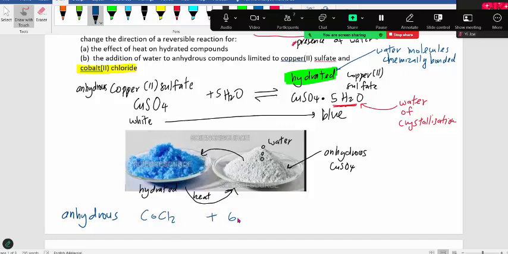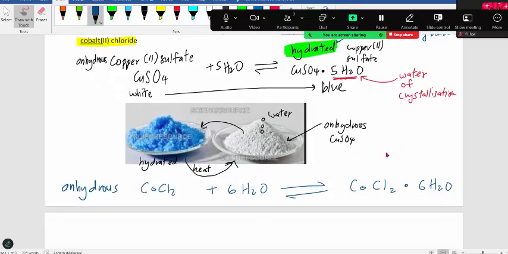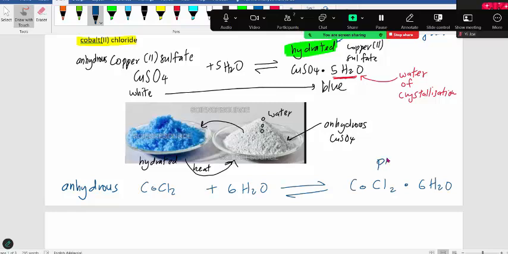When you add water, it becomes hydrated. This is pink, this is blue. Okay, please write this down.